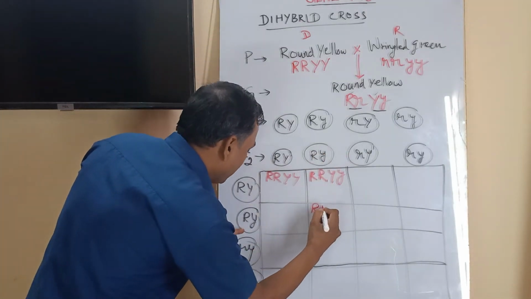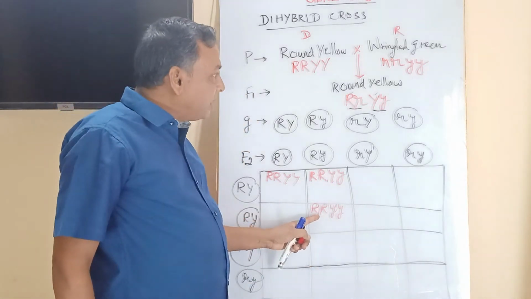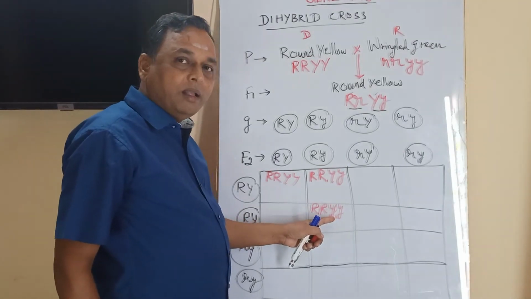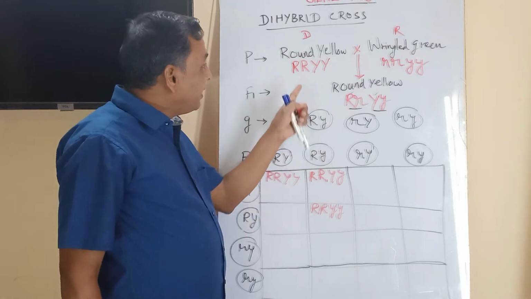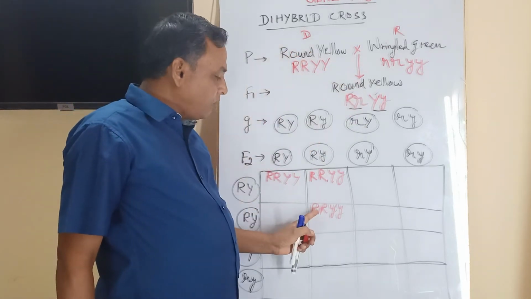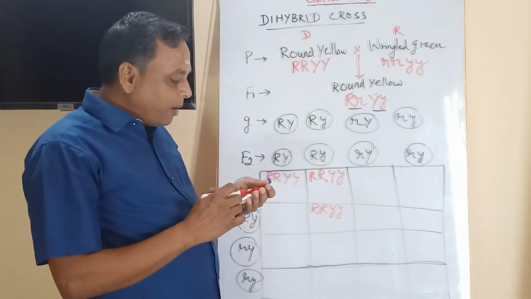What will be capital R, small r, small y, small y? So what trait are you getting here? Capital R means round, small y, green. But you are getting a mixed trait. You are not getting round yellow together. Here, from this parent round, from this parent green. So what happened?